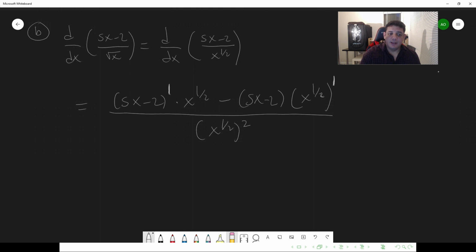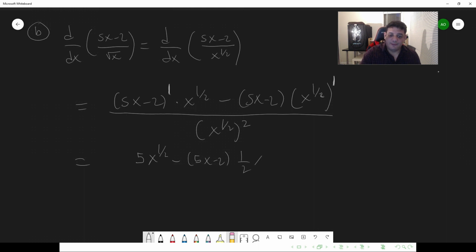Okay. And so now I can actually go and work with whatever these primes are. So the derivative of 5x minus 2 is going to be 5, since the only thing here is this 5x, and this is going to produce a 0. So I get 5x to the 1/2 minus 5x minus 2. And the derivative of a square root, you guys have already seen that from our previous video.